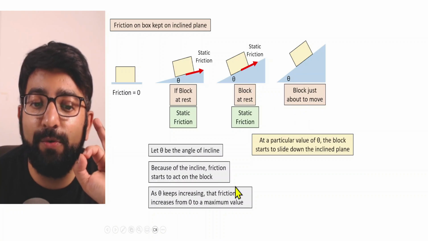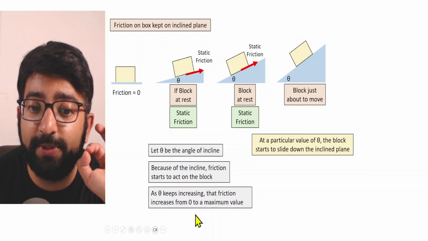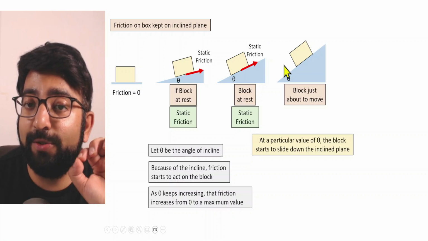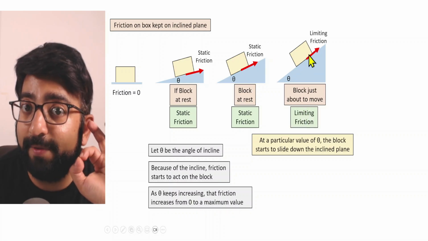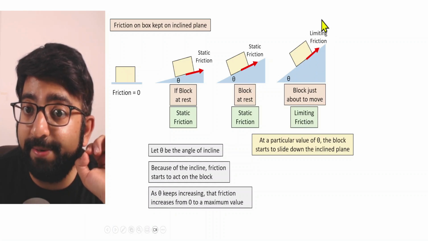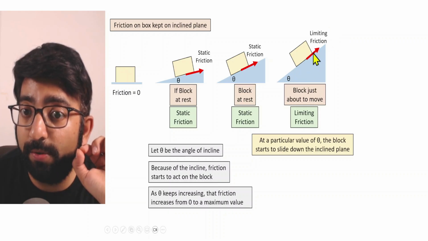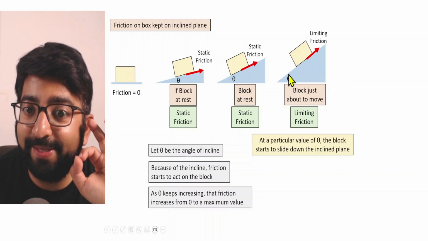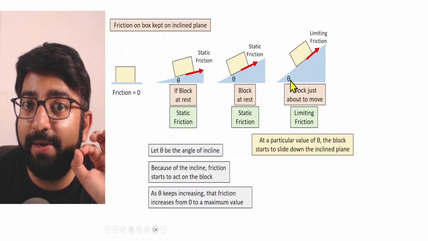We have already deduced that the friction value will increase from 0 to a maximum value, and the maximum value of static friction is called limiting friction. The direction of that friction is still up the incline, but the magnitude is maximum. And the magnitude of this limiting friction depends on the type of the surface and the normal reaction acting on the block.